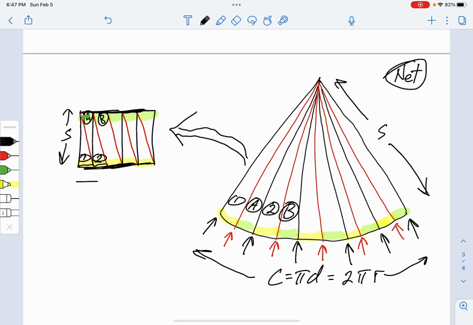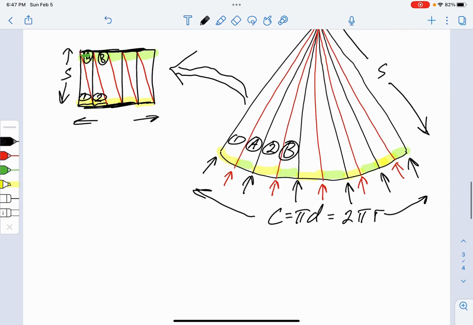Okay, this is the one that gets interesting here. So we've taken every second slice. The circumference was C equals pi d equals 2 pi r, but I've only taken every second one, like I've taken along the bottom this one, this one, this one. So it's only 1/2 of 2 pi r.